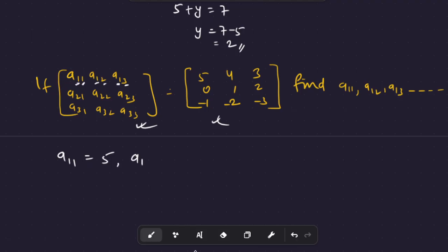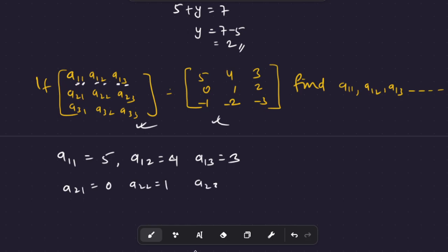The value of A11 is 5. Now, what is the value of A12? 4. What is the value of A13? 3. Good. A21 is, I guess, 0. A22? 1.